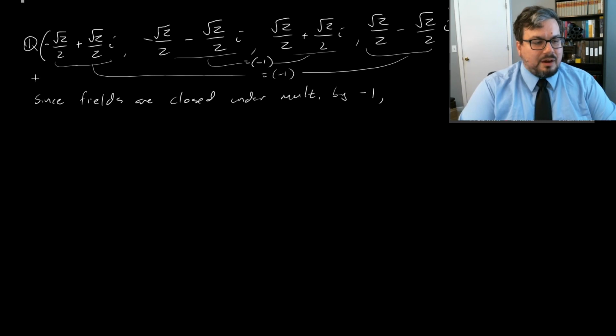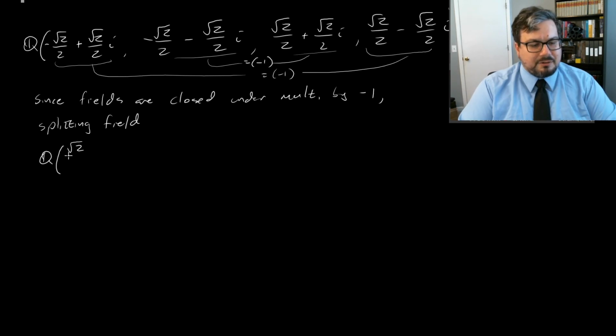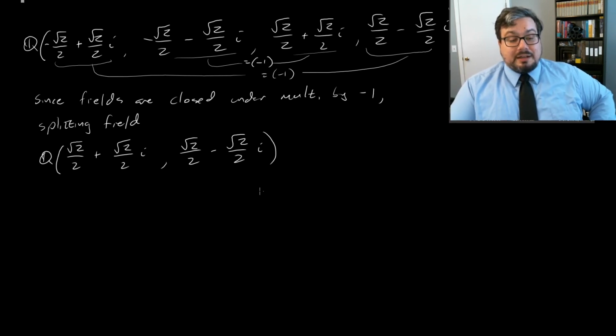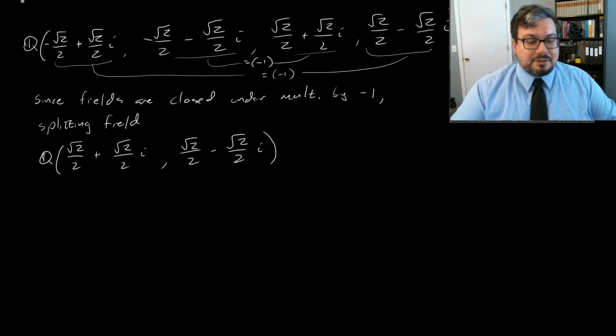And so our splitting field can be more simply written as Q of √2/2 plus √2/2 i, and √2/2 minus √2/2 i. We can do even better, though.